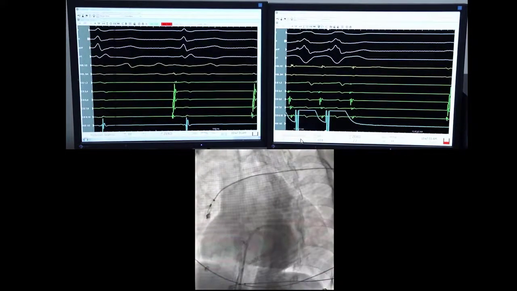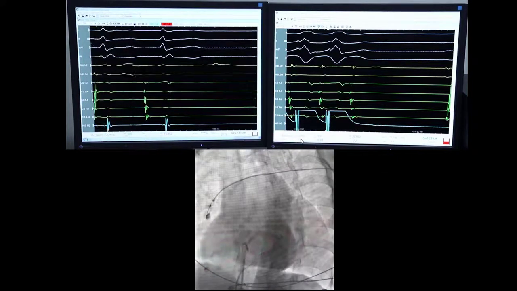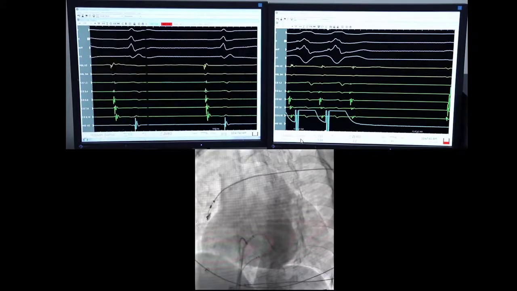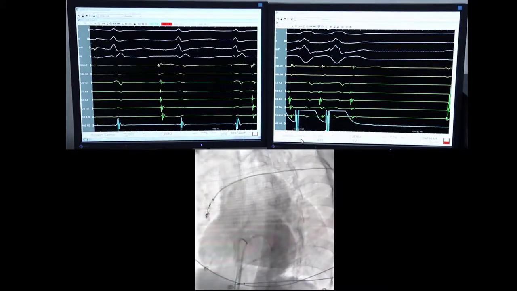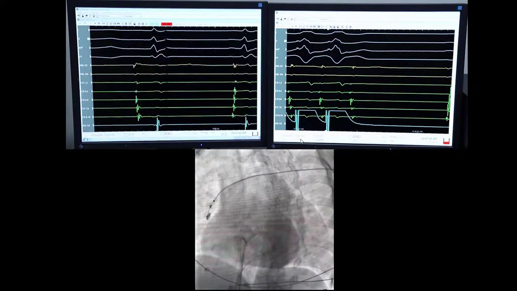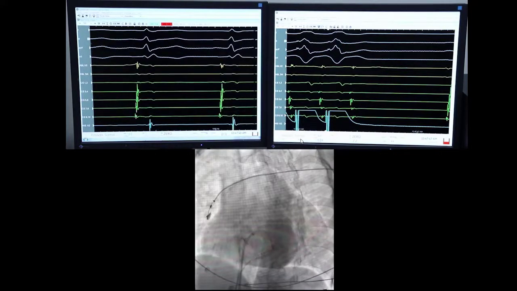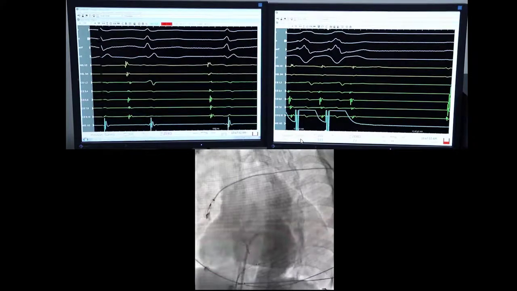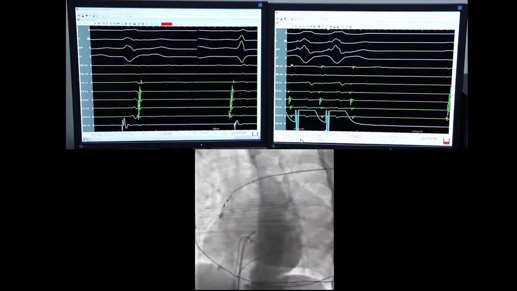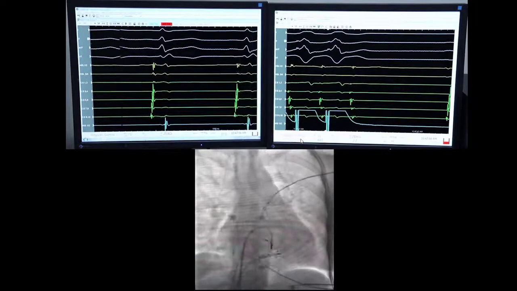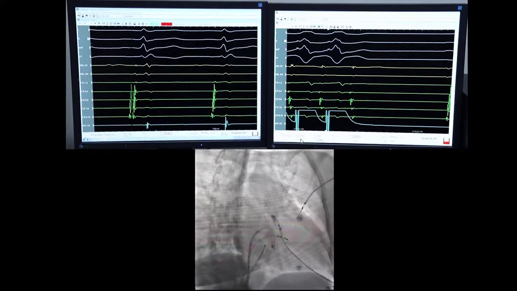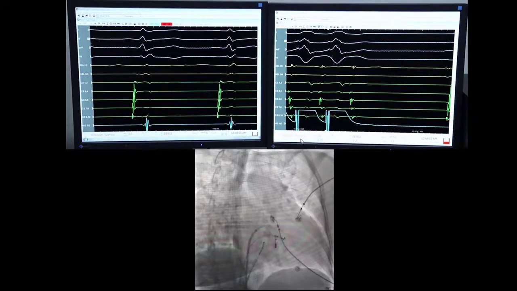Here the catheter is at almost the posterolateral region. In the LAO view, we can see A and V signal on the catheter. Here the catheter is in the posterior region, then the left posterior region. We can see a sharp A and V signal on the ablation catheter.